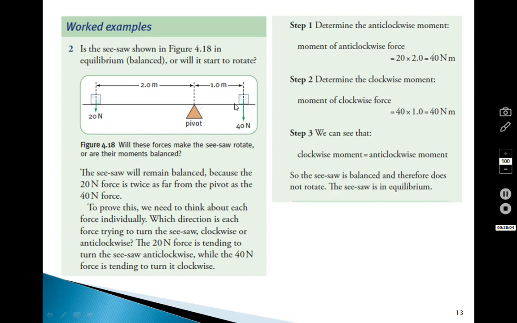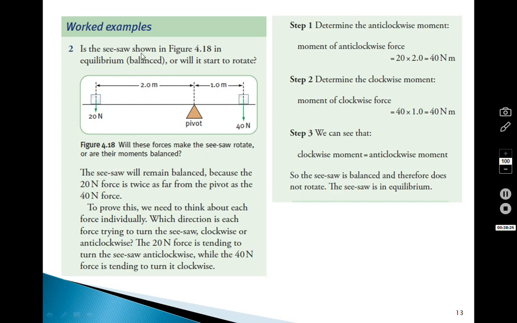We have an object here which is 40 Newton, another object here is 20 Newton, and the distance here is much more than this one. This one is 1 meter, and it's 2 times this one, so it's 2 meter here.